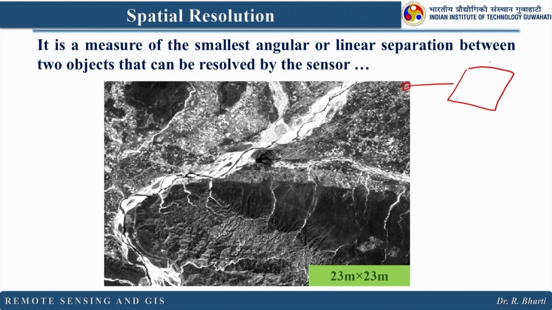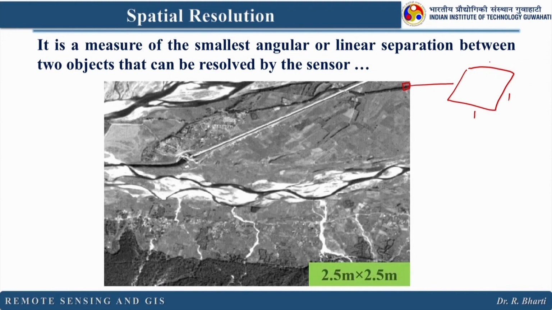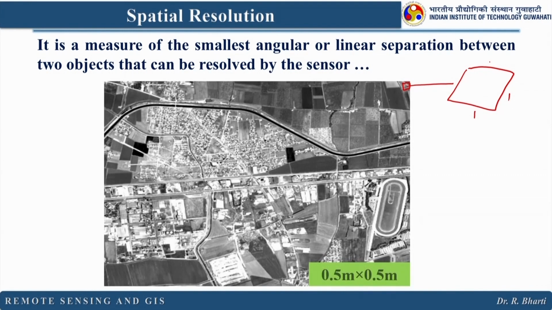So, if this pixel represents only 1 meter by 1 meter, then what will happen? This image will be much clearer than this, right, that you can understand here. Now, the next one is 2.5 meter by 2.5 meter. Next one is 0.5 meter by 0.5 meter.